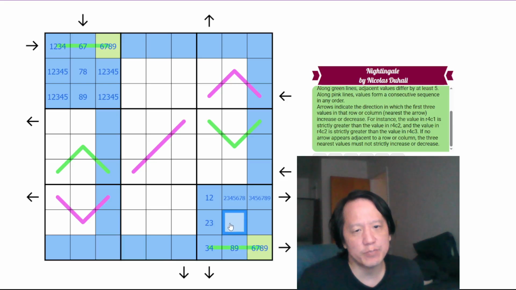We also have the blank ones, right? So value-wise, this must go up and then down.